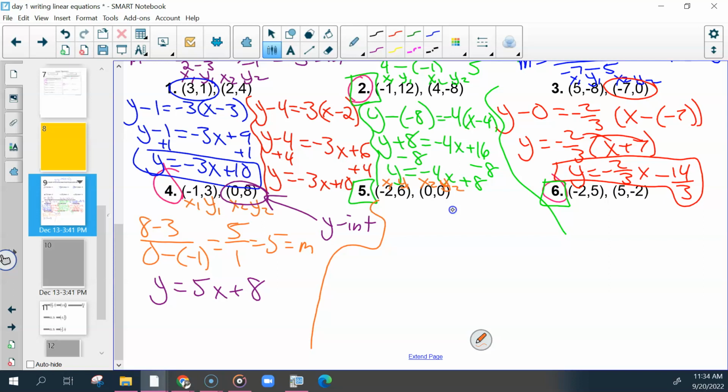This would be 0 minus 6 over 0 minus a negative 2. What would that slope be? Negative 3, because this would give us negative 6 over positive 2.